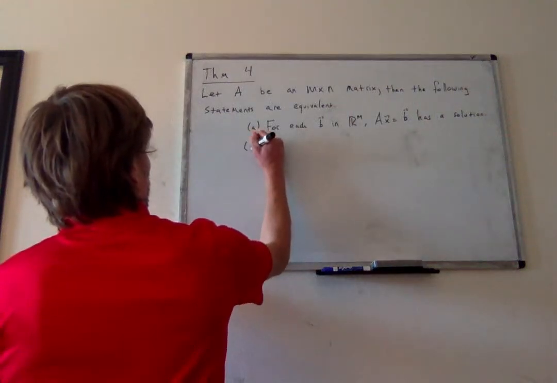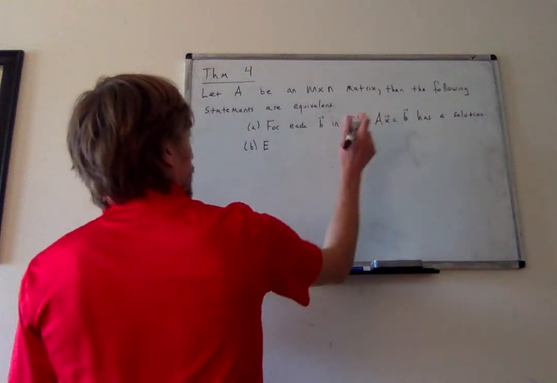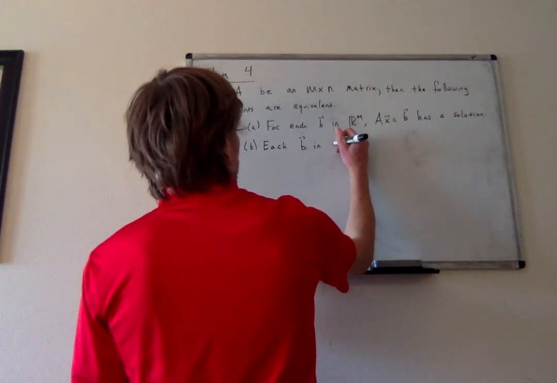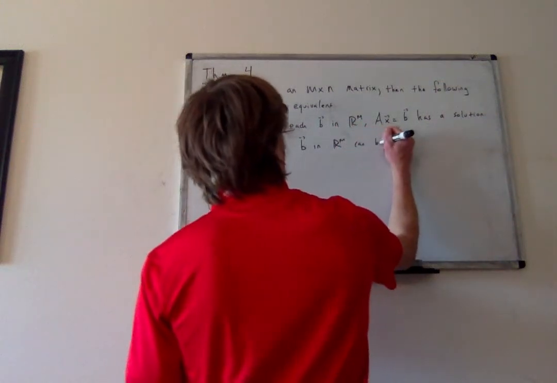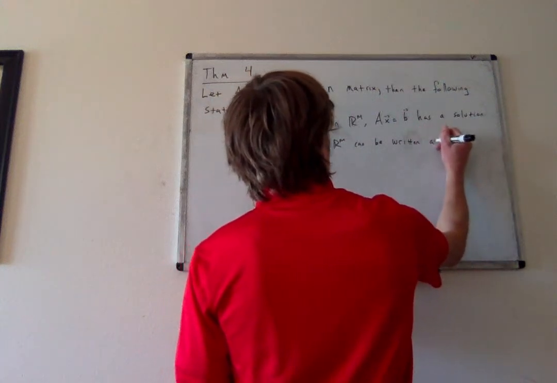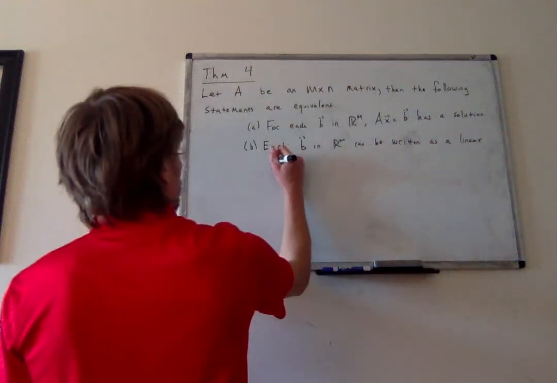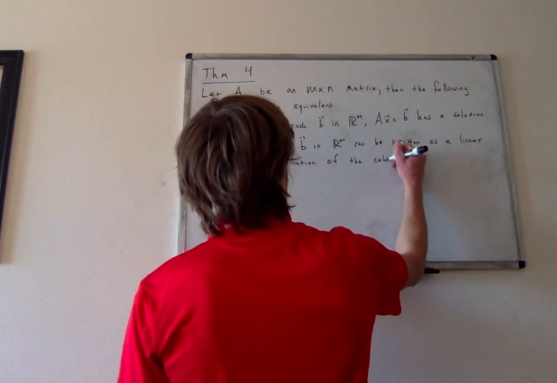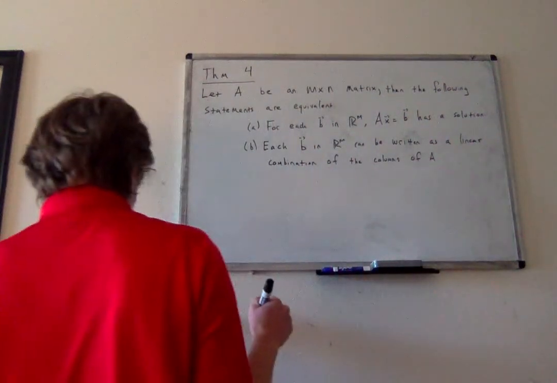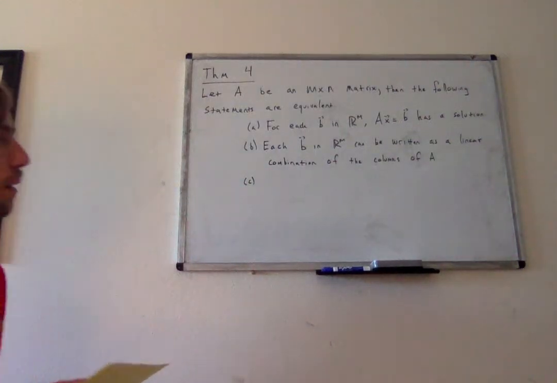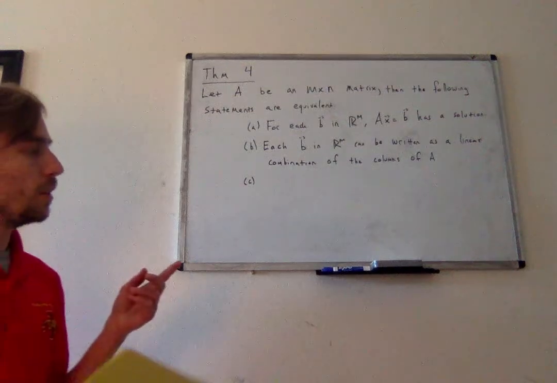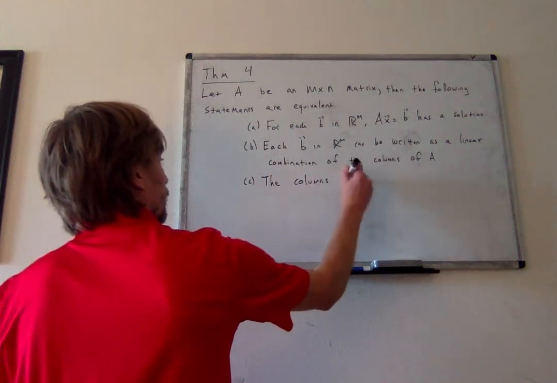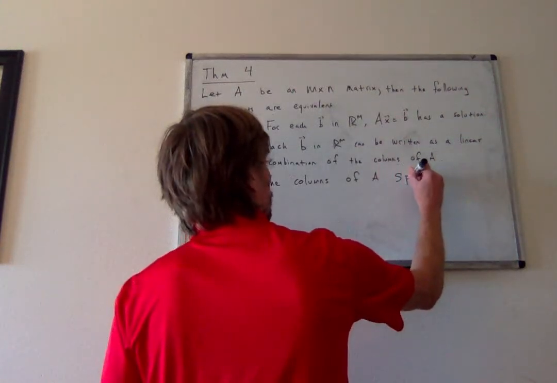But remember, A times x equals b is just another way of saying, well, if this has a solution, b is a linear combination of the columns of A, so each b in Rm can be written as a linear combination of the columns of A. But notice, if every single b in Rm can be written as a linear combination of the columns of A, well, the span of the columns of A is equal to Rm, so that would mean that the columns of A span Rm, right?